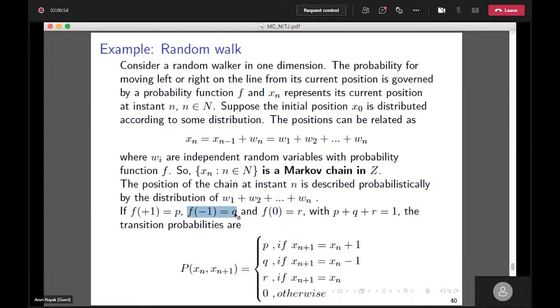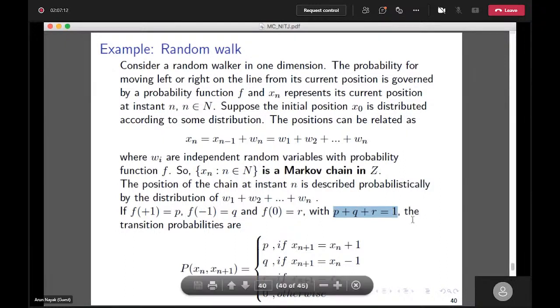So the random walker is at a position. He has a probability to go right as p, to go left as q, and a probability of remaining at the same point without taking any step, maybe r. Then the sum of these probabilities will be 1, and you can define the transition probabilities for going left and right.